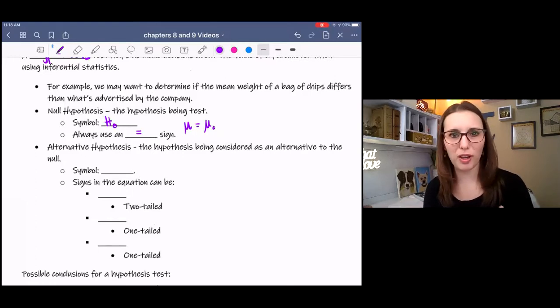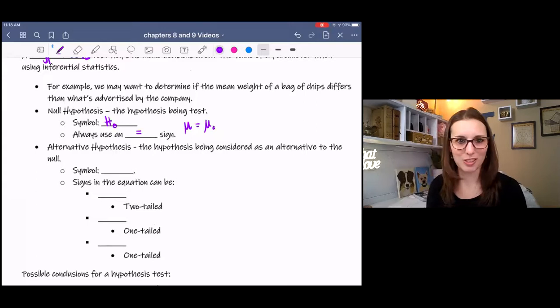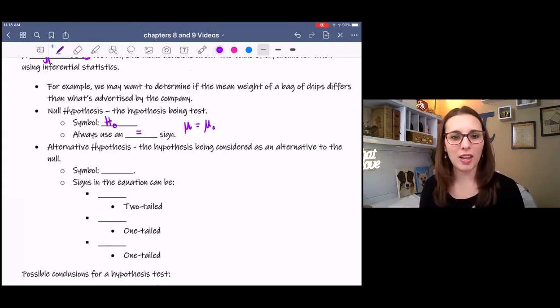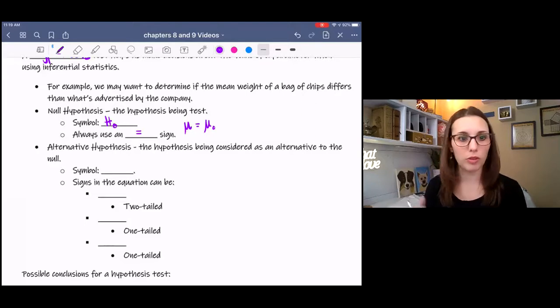I don't even know what unit they use on bags of chips, but 0.5. And I'm saying I think it's 0.3. So I'm going to test and see if the mean weight of all the samples I picked was not 0.5, or less than 0.5, or whatever.